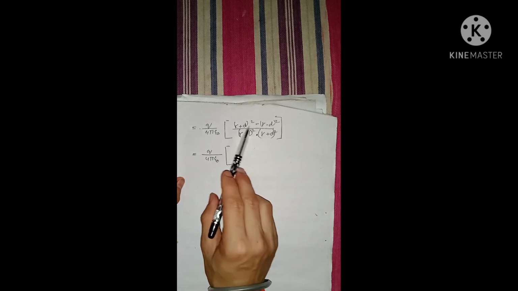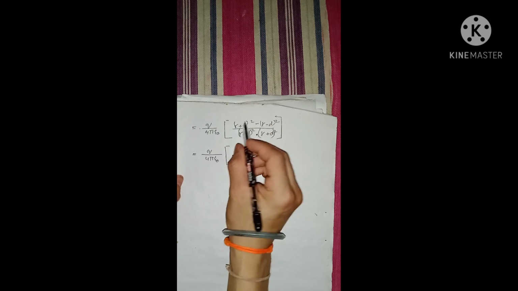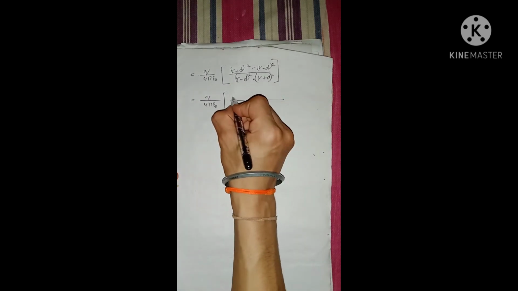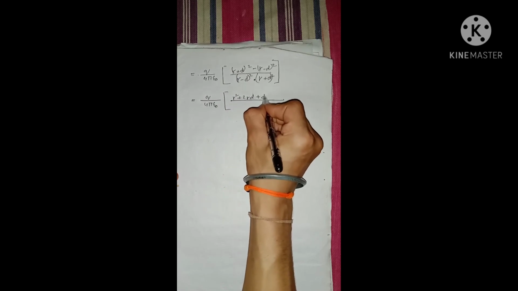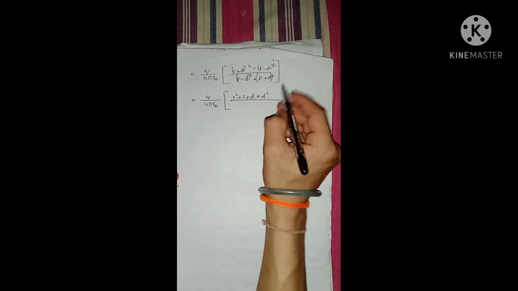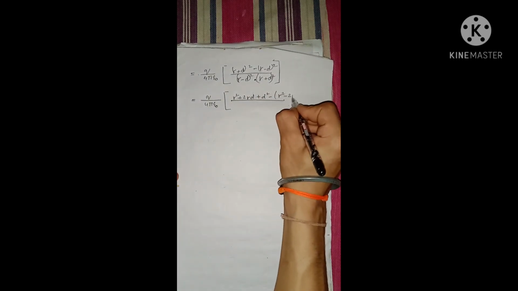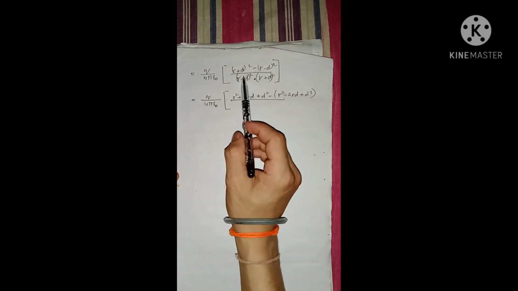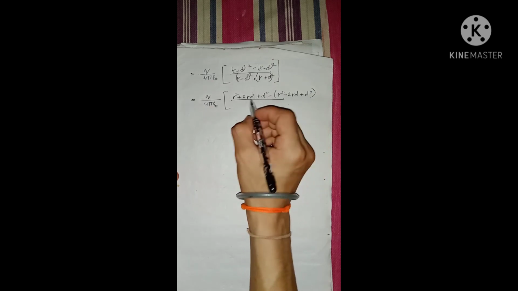Now we need to break out this one, the a plus b whole square formula. R plus D whole square will be R square plus twice RD plus D square, and R minus D whole square will be R square minus twice RD plus D square, isn't it? Now this one also we can multiply, but for now no need.